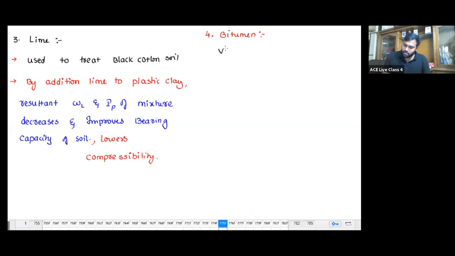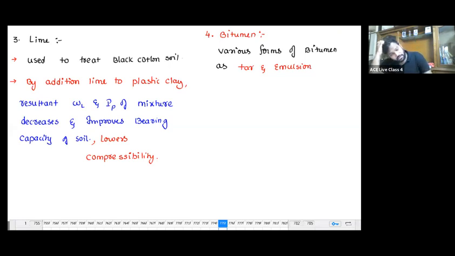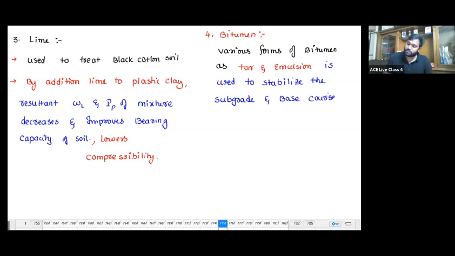Bitumen. Various forms of bitumen such as tar and emulsion are used to stabilize the subgrade and base courses of gravel and sand.